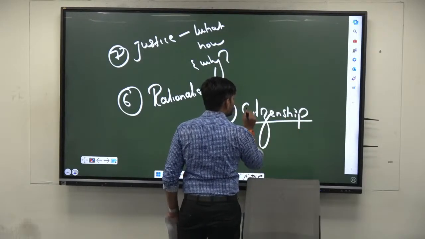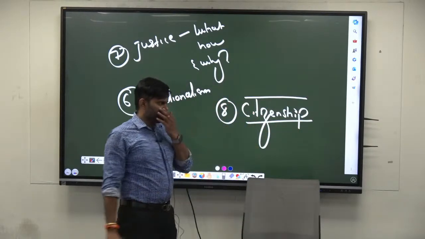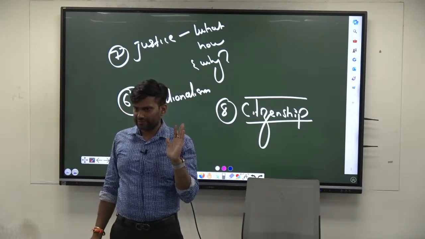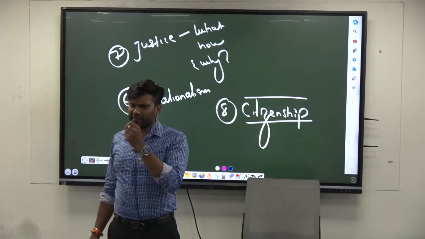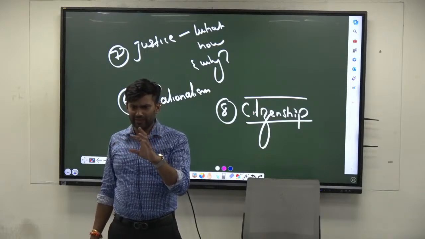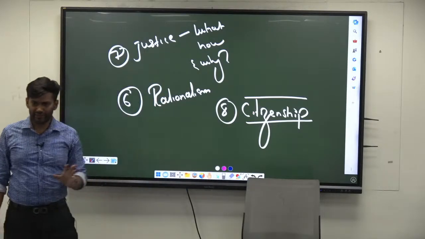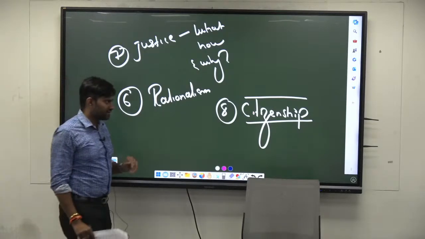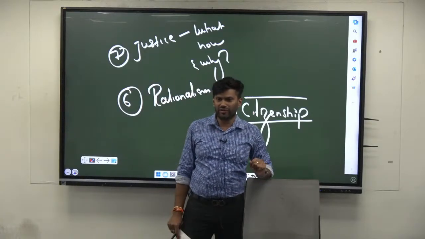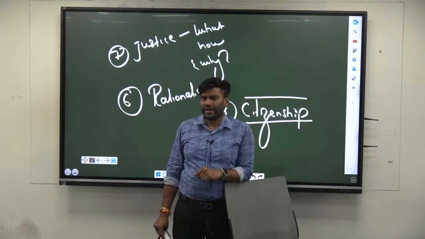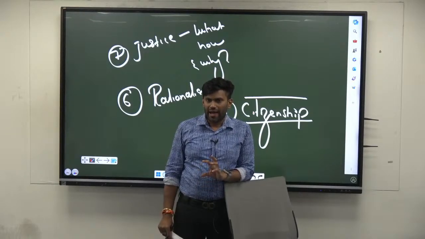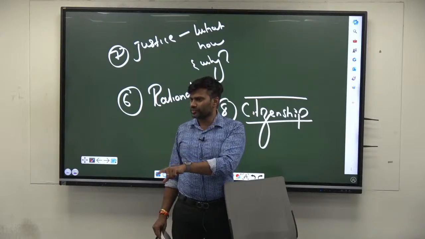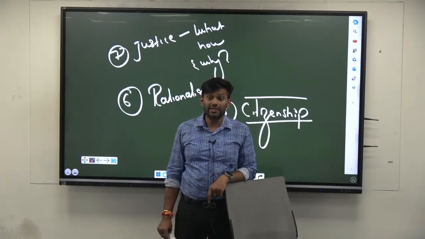One thing you need to understand here: their idea of citizenship is not the present day idea. Present day citizenship in many countries, in some countries they follow jus soli, in some countries they follow jus sanguinis. But here their idea was not based on jus soli or jus sanguinis. It is based on the idea of active citizenship. Means if you perform certain political duties, only then you will be considered a citizen.